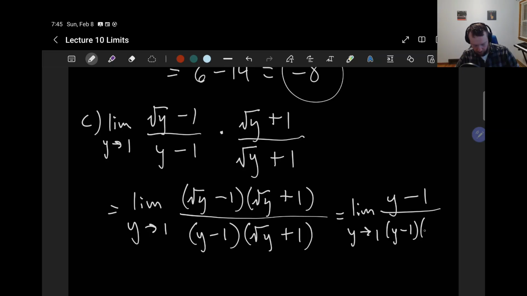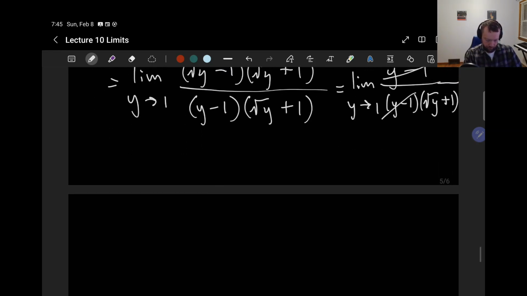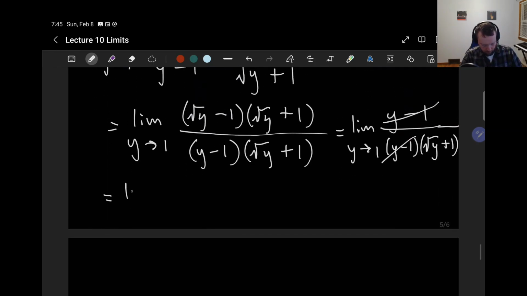Okay, repeat the denominator. Notice that I can cancel this with the y minus 1 below. So 1 over square root of y plus 1.